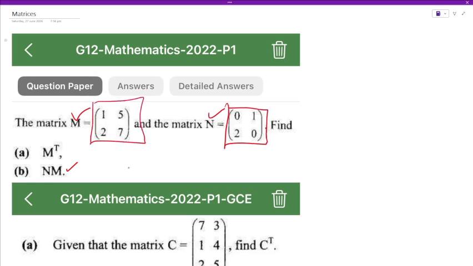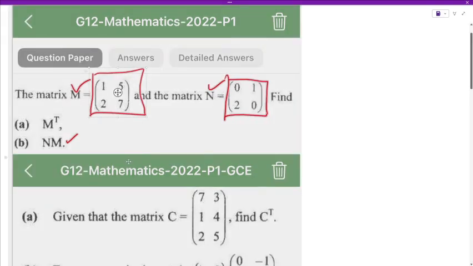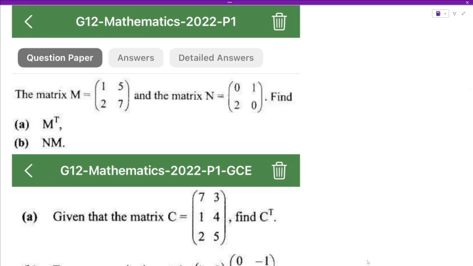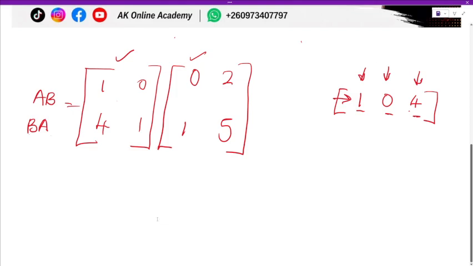So examiners will get you used to a pattern and then change the pattern, and if you're not careful, you'll fall for the odd ways. Make sure when multiplying you figure out the correct order, which matrix is supposed to be in front and which one is supposed to be behind.